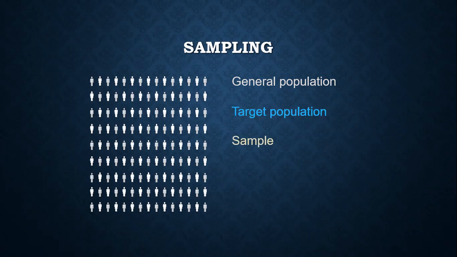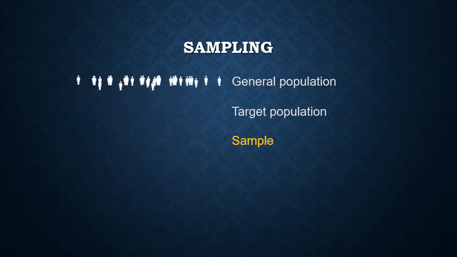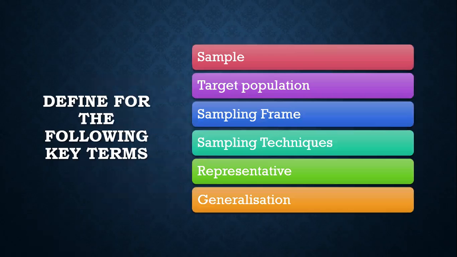So that is a smaller group of individuals that represent our target population. And that is who we're going to use within our research. So that's what sampling is all about. It's getting this sample group of individuals that's going to be representative of our target population.